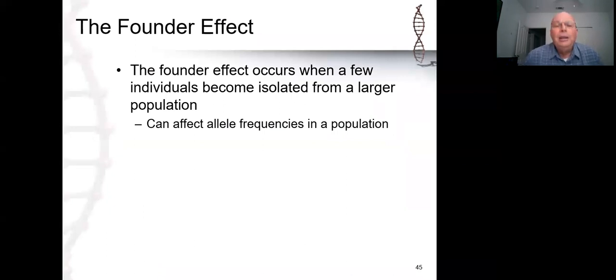Over a period of time, they accumulate their own unique set of adaptive mutations as mutations occur in this now very isolated population, and they evolve their own unique set of phenotypes and genotypes, and they become a new species ultimately. That is the ultimate extension of this. We'll talk about that in an upcoming chapter when we focus on speciation, which is really just an extension of natural selection within a population, or evolution within a population.